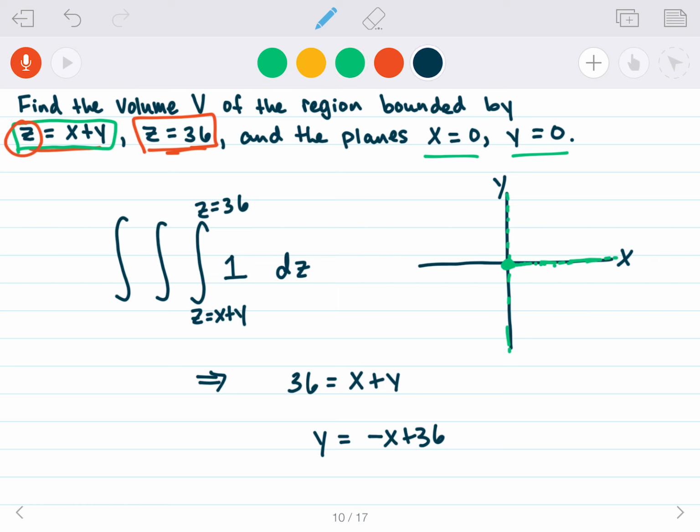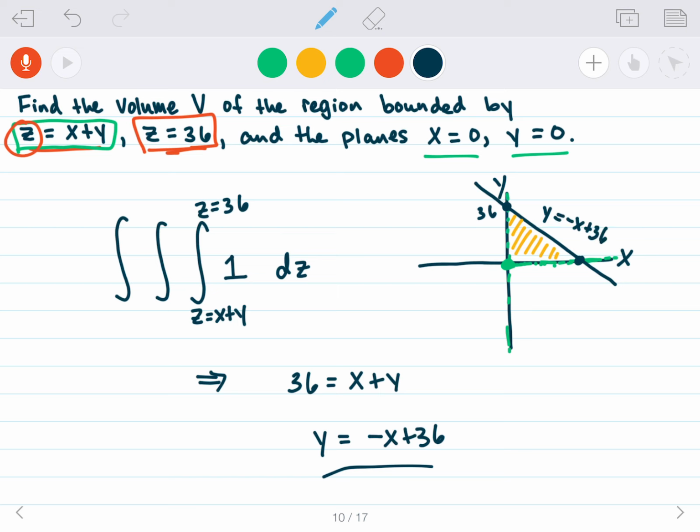And then my line, y equals negative x plus 36, is also going to be part of that picture. So if this right here is our y-intercept of 36, it's going to have a slope of negative 1. So it's going to look something like this. And so our region is going to be this little triangle. It's bounded below by y equals 0, bounded above by that line.